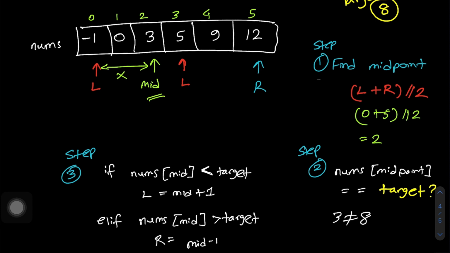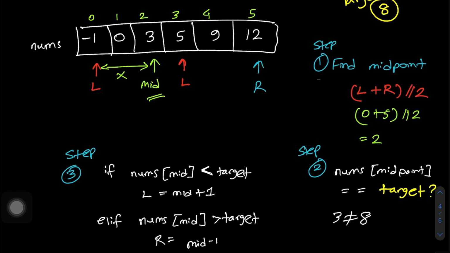So why are we doing that? That is because we found a value that is already greater than the target, and therefore we need to bring our search space to the left part of the array, because remember, this input array is sorted. That is why we can change these pointers like this, and this will work.